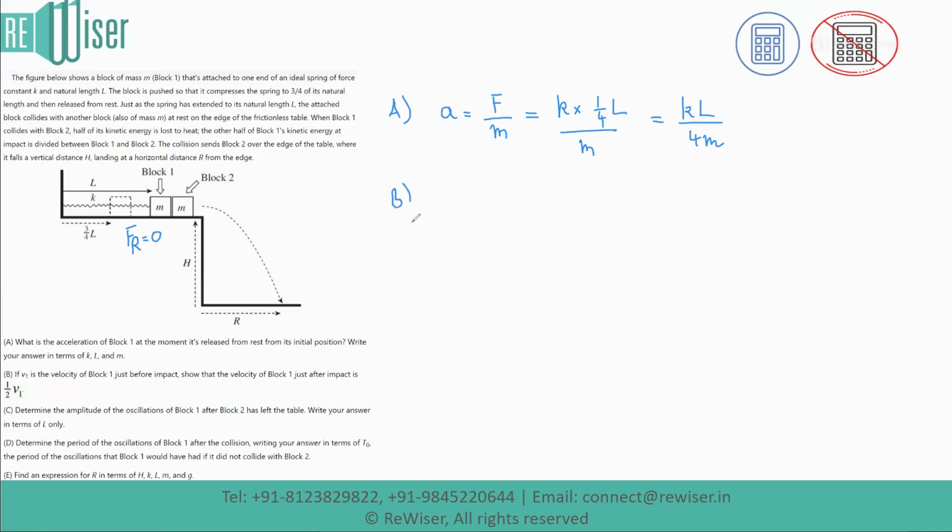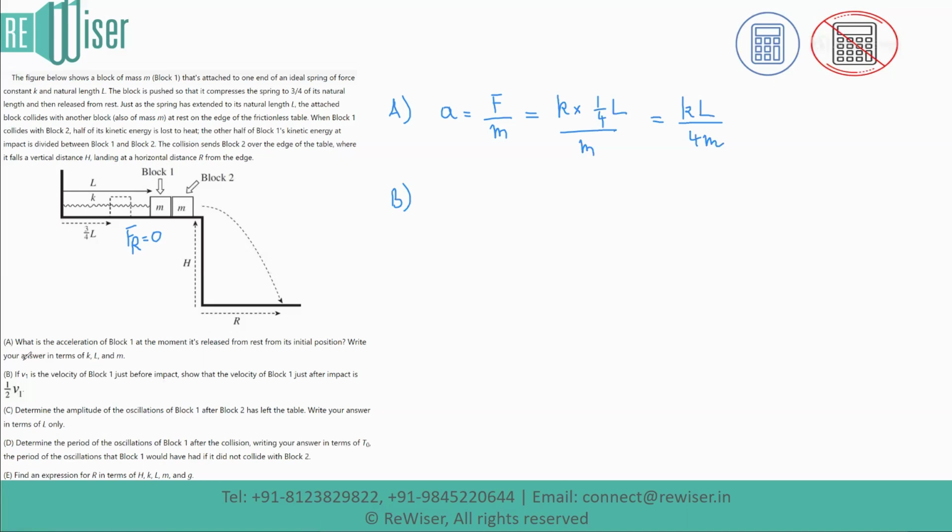Moving on to part B. If V1 is the velocity of block 1 before impact, show that the velocity of block 1 after impact is half V1. Here we notice that there is no external force, which means conservation of momentum: M1U1 plus M2U2 will be equal to M1V1 plus M2V2 can be used.